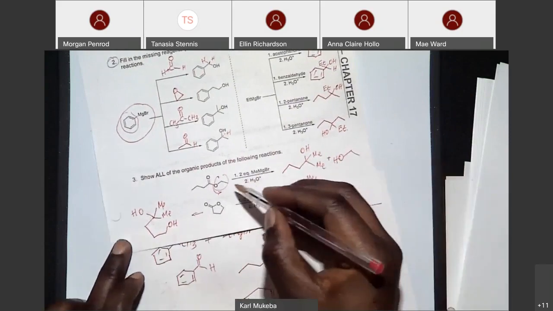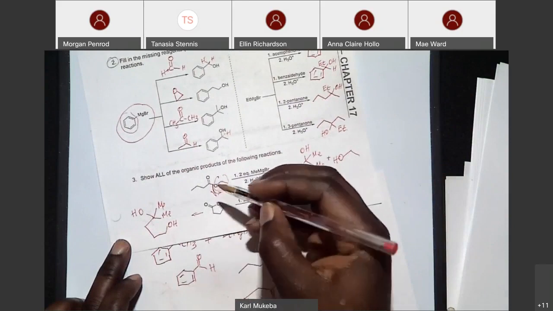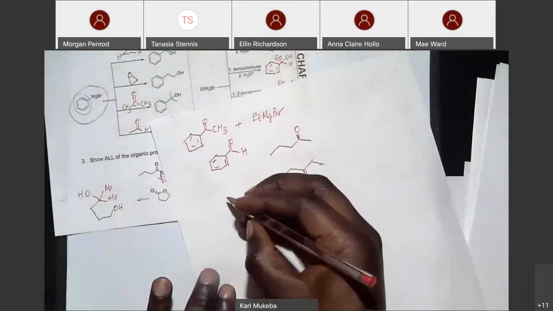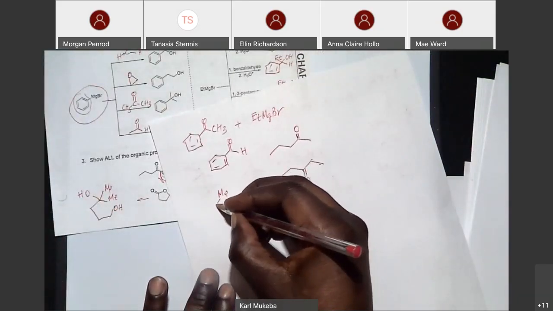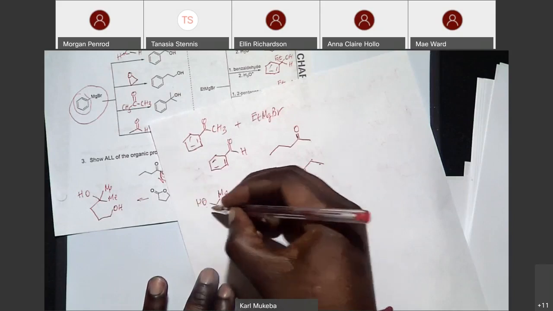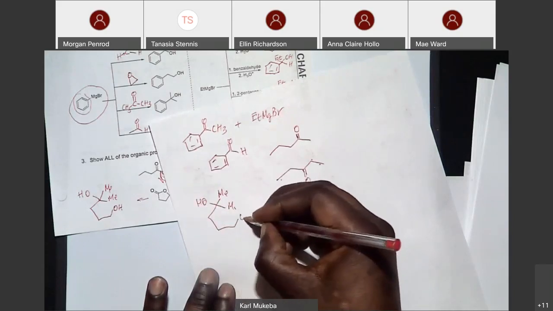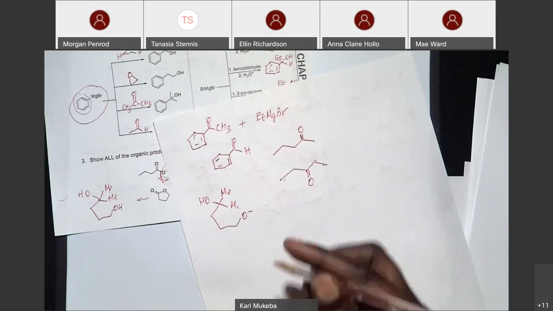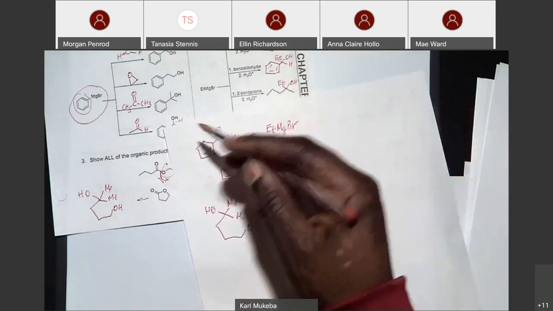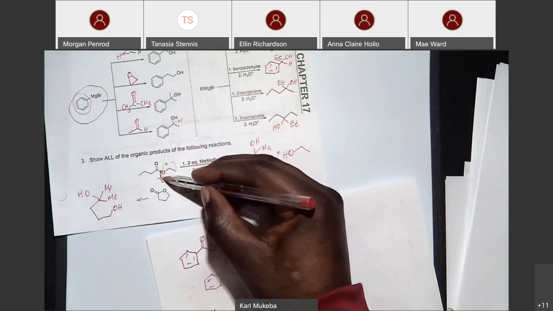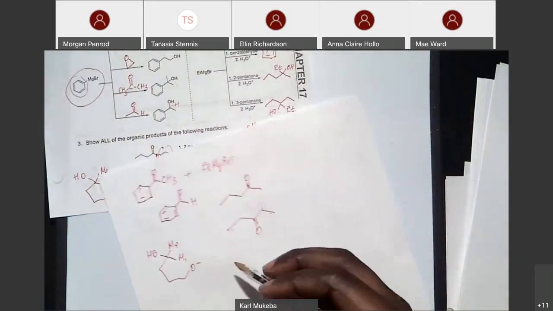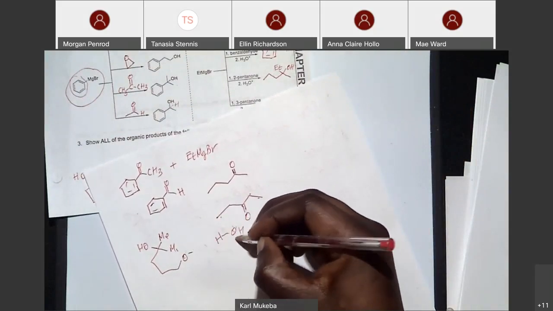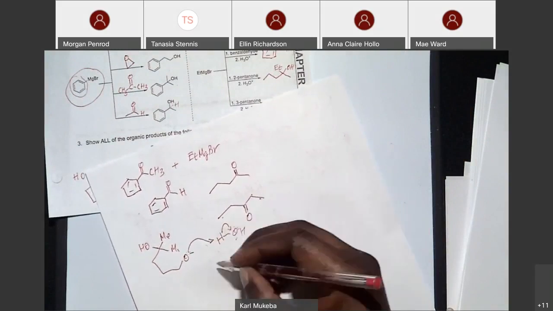Since this one is leaving, this one now has somewhere to go. You can know this one easily: the OH here can go, but this one can grab the H from the O somewhere, and then you have the product.